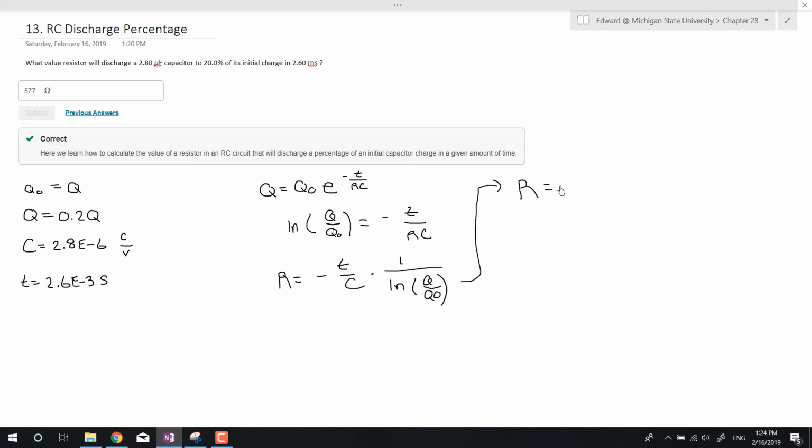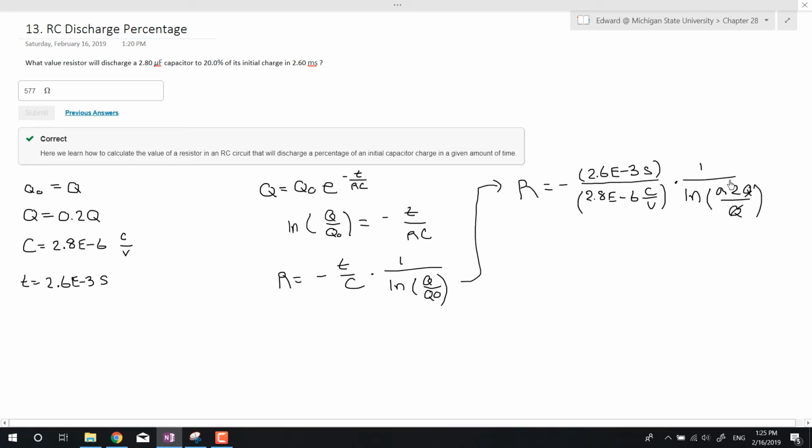So we have R is equal to minus T, that's just 2.6 e to the minus 3 seconds, and then we have the capacitance, 2.8 e to the minus 6, that's coulomb per volt, that's a C. Times 1 over natural log, this is going to be unitless, so it's 0.2 Q divided by Q, so the Q's cancel, so it's just natural log of 0.2.